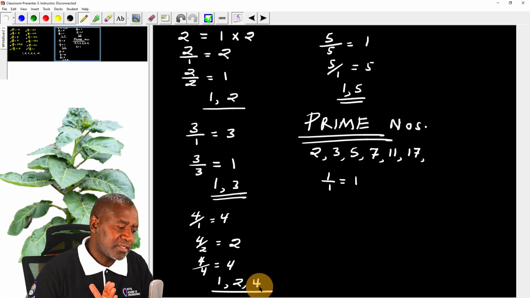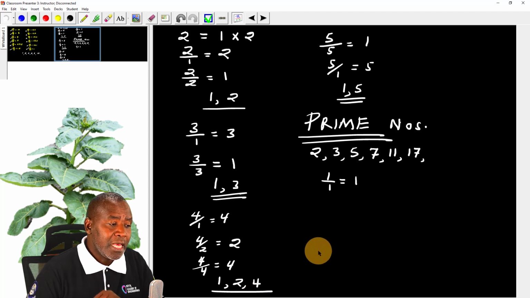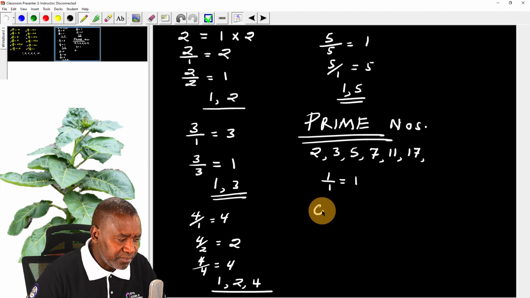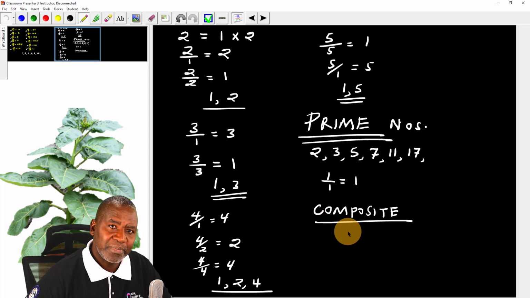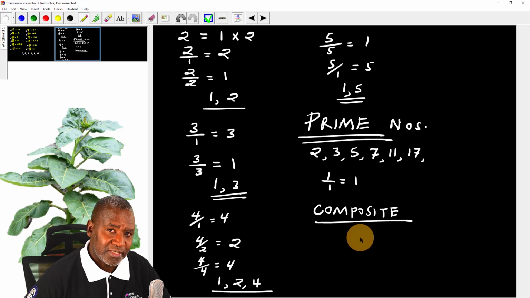Those numbers with more than 2 factors are referred to as composite numbers. So remember, composite numbers are those numbers with more than 2 factors.